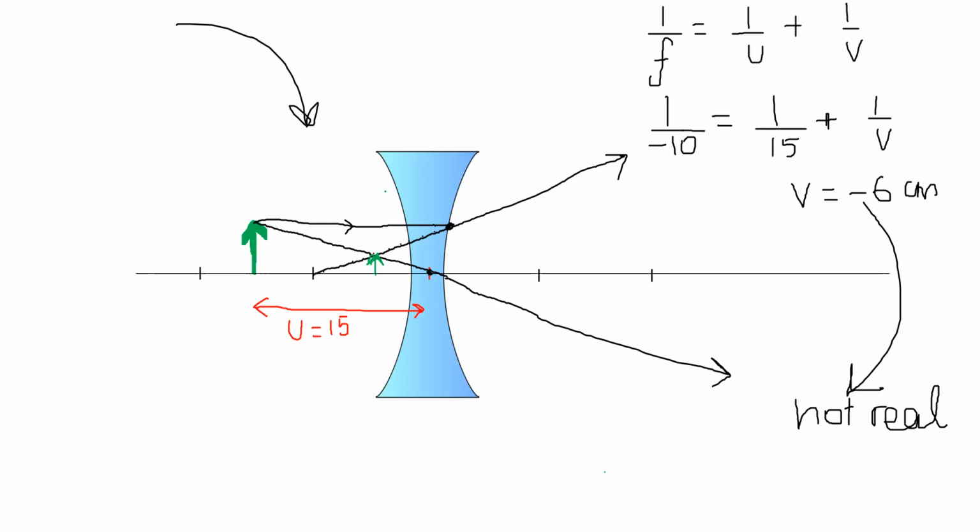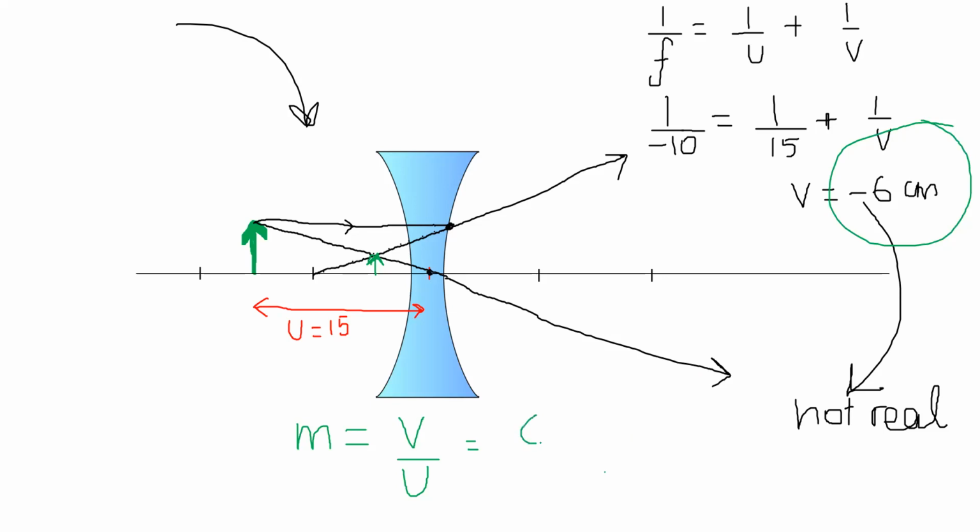So if they ask you what is the size of the image, how to do size of image? The size of image is M, pembesaran or magnification. Is actually the V bahagi the U. The V is, we found 6.